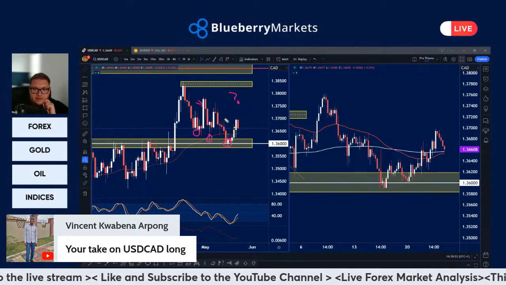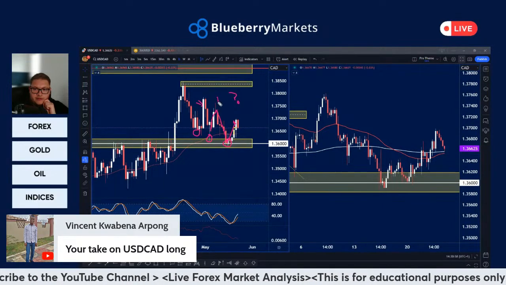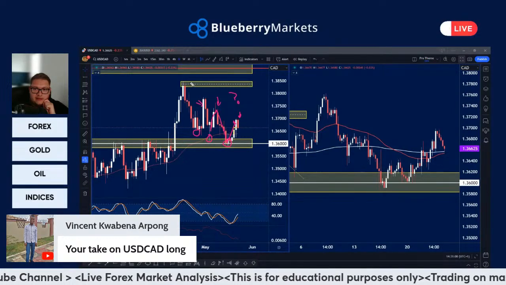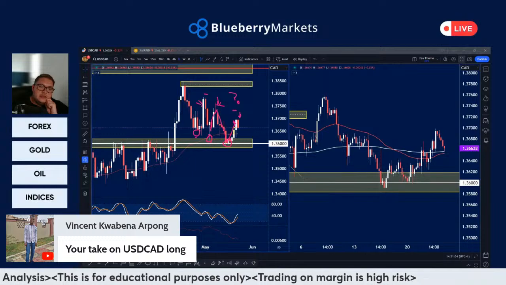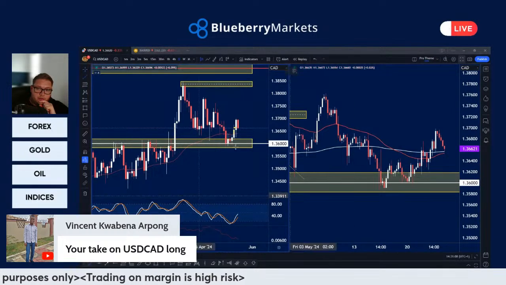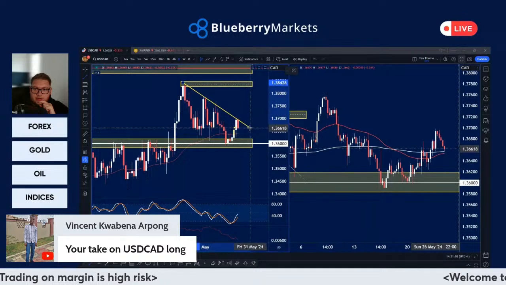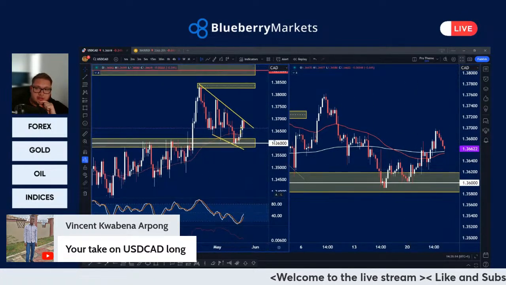Obviously, we did have that data, but every time we've rallied so far, price has been pushed back down, and we're getting lower highs and lower lows. This is very similar to that gold price action, so I'm still on the side of potentially seeing some downside here.